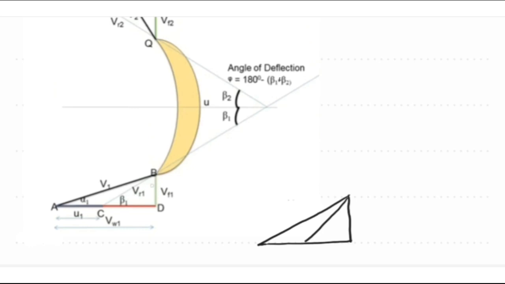We can see the velocity with which it strikes the curved plate is Vr1. That should be resolved into horizontal and vertical components. So this is Vr1 making an angle beta 1, which can be resolved as Vr1 cos beta 1 and Vr1 sin beta 1.